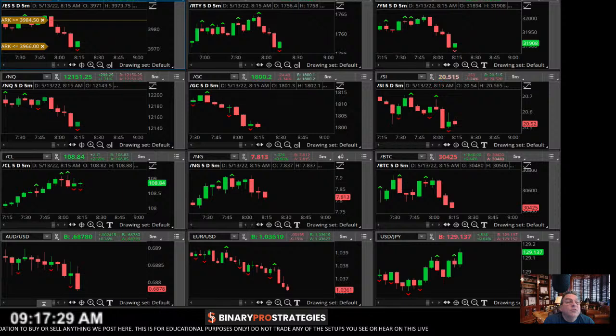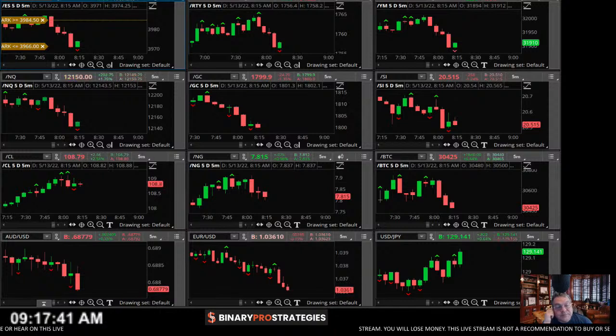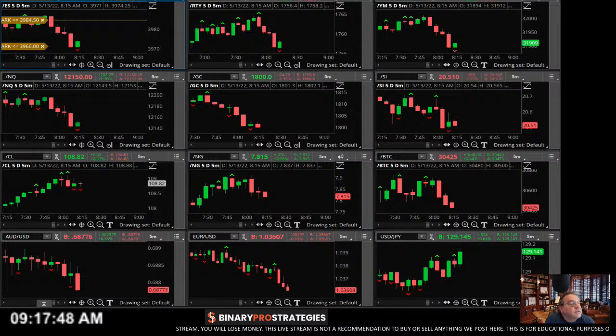The buy on that US yen would have come in at 03. I don't think there would have been much premium, so I don't think we missed much on that 03 buy on the yen. I don't think we would have had enough premium on it. So we're just short an ES. Target is 39.66.